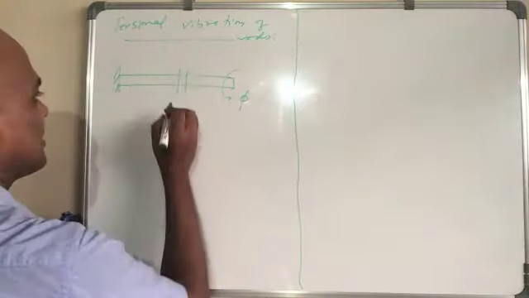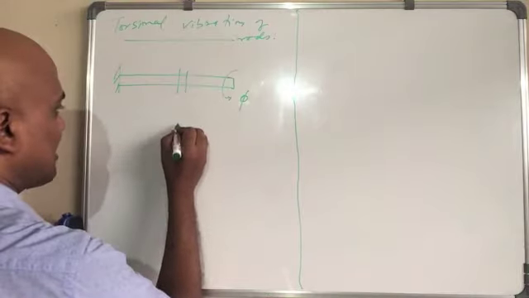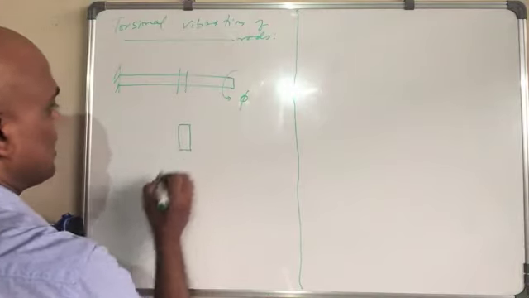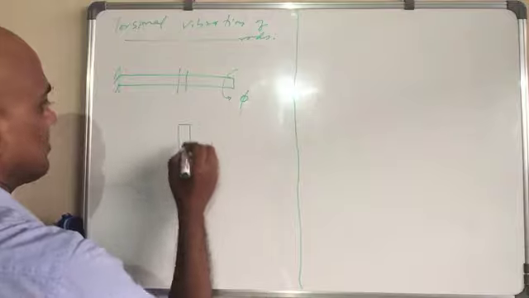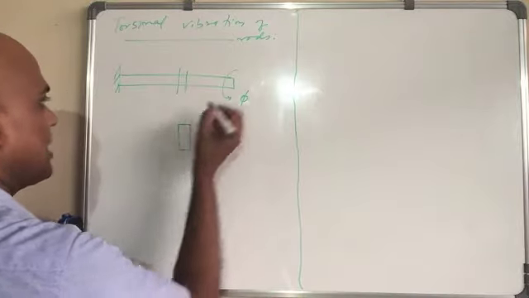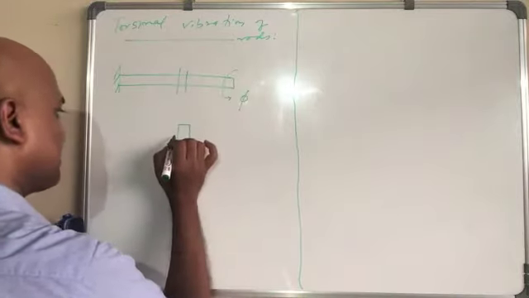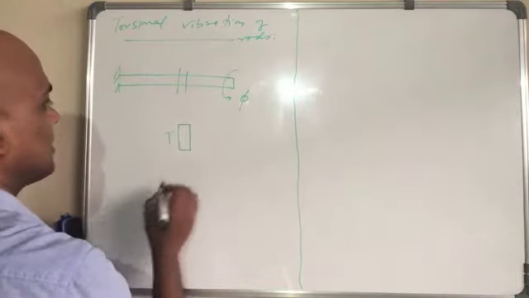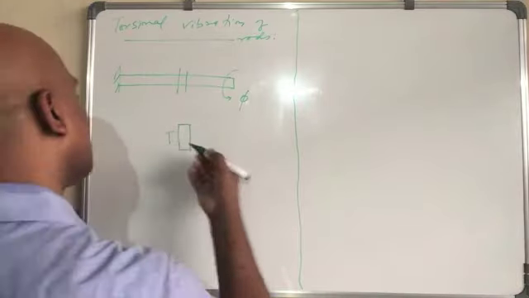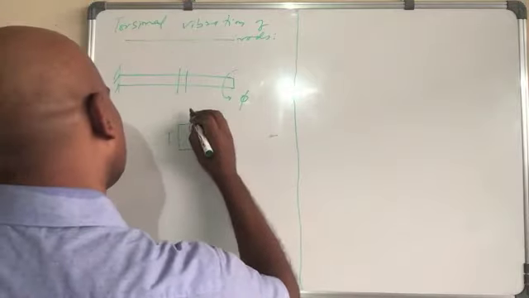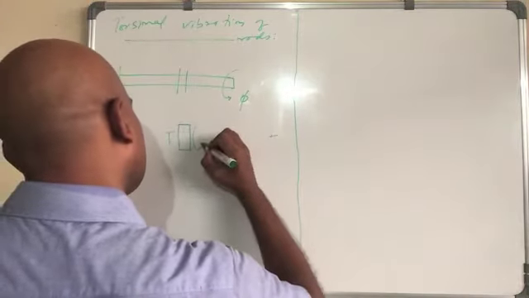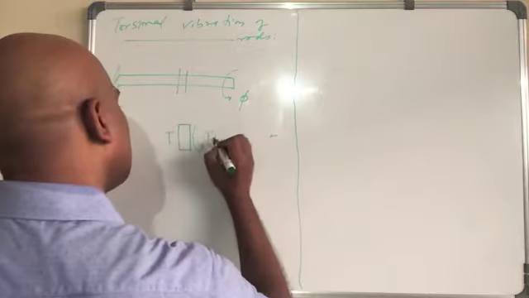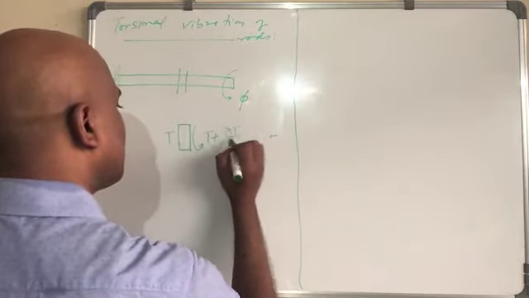So we take a slice of that, and what do we get? There will be a torque T here, and I'm looking from this side. On the other face the torque will be T plus ∂T/∂x times Δx.